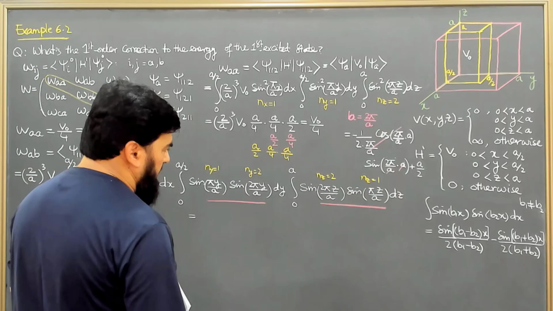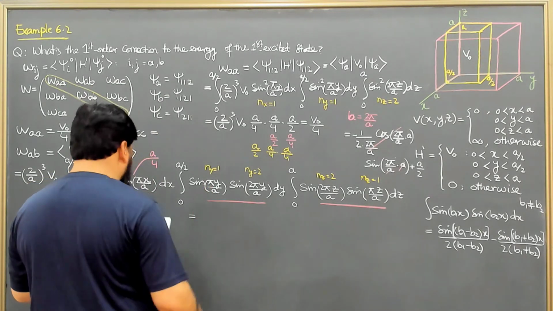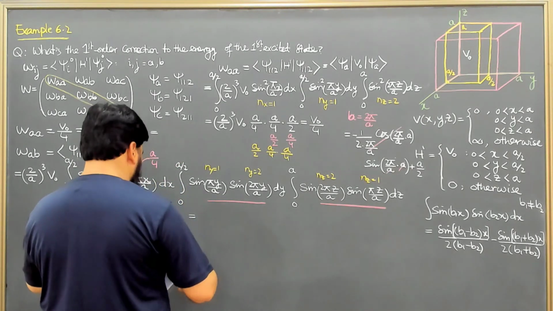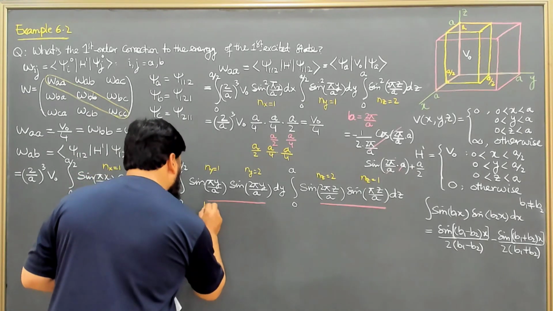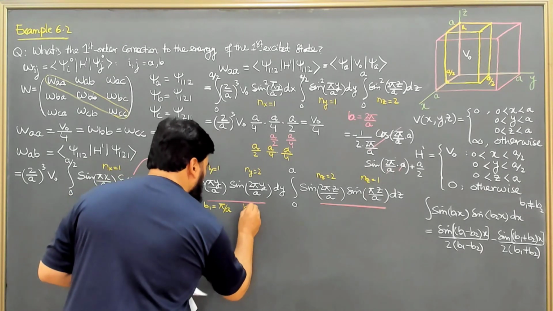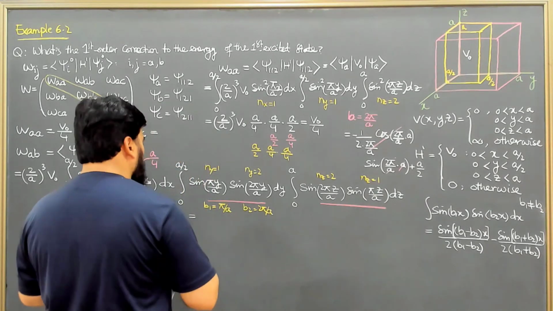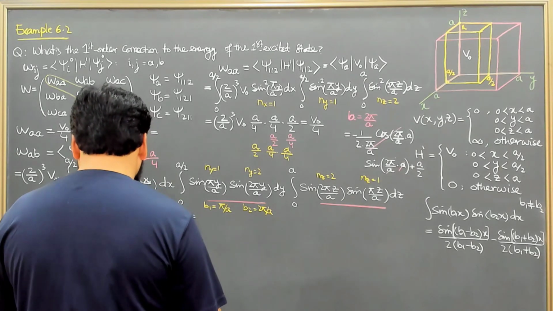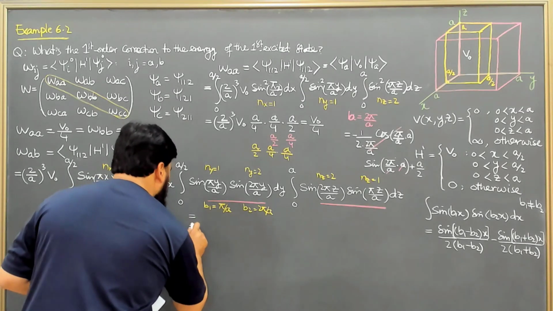B1 here is equal to pi over a, and B2 is 2 pi over a.